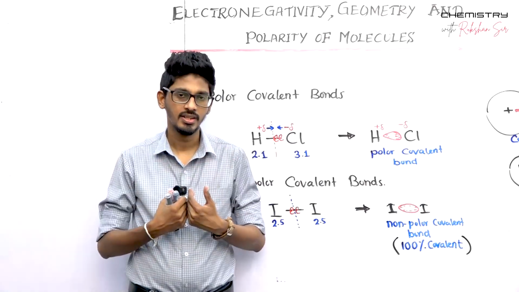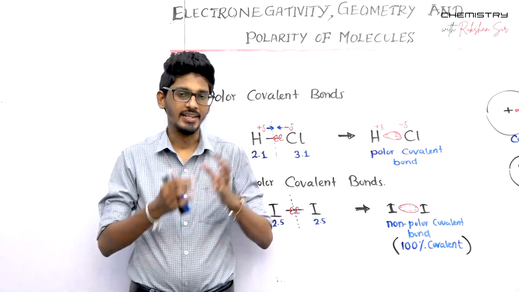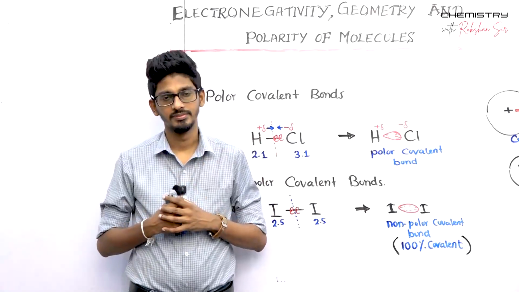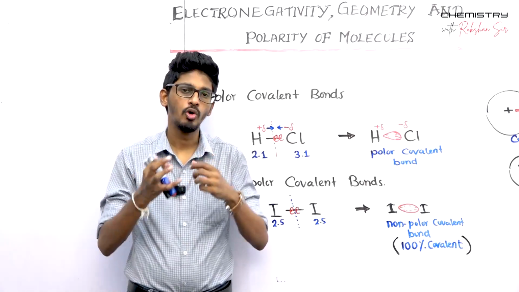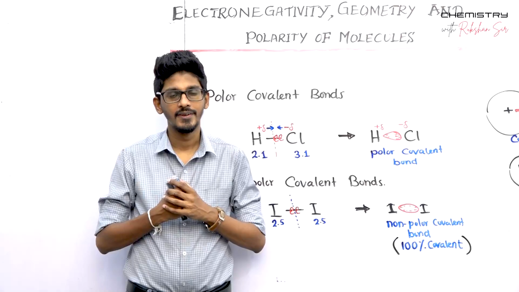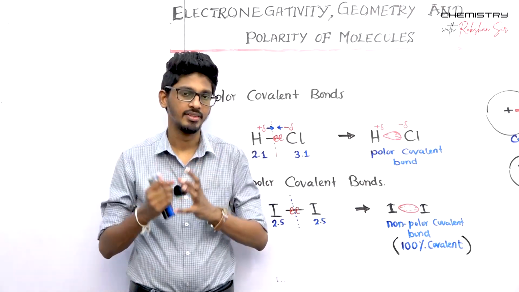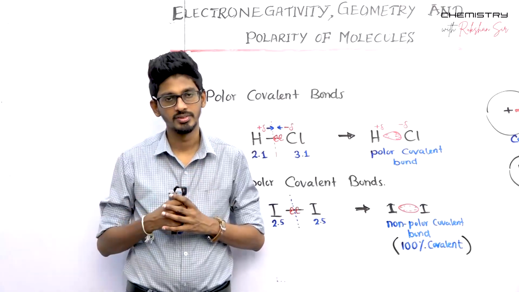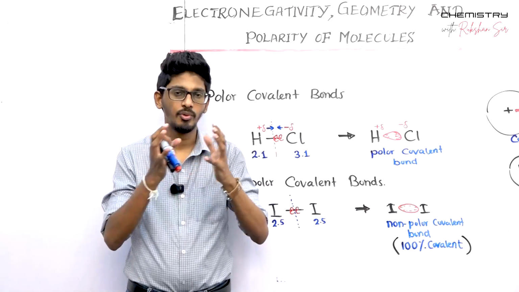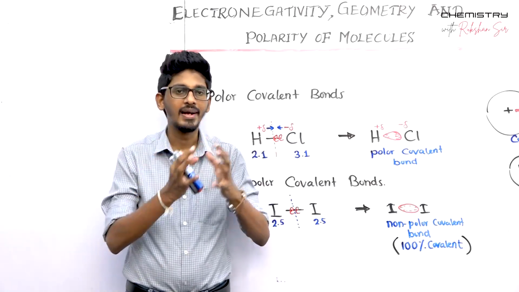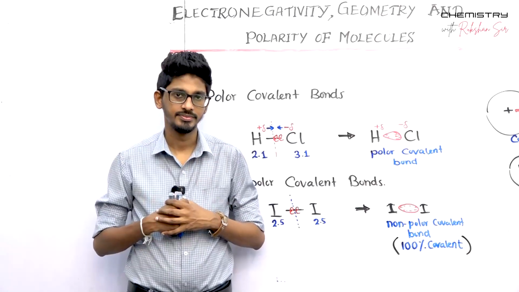Earlier we saw that HF is more polar than HCl. So the OH bond will be more polar than the NH bond, because the electronegativity difference is higher in the OH bond than in the NH bond. Different kinds of polar bonds have different magnitudes, or strengths, of polarity.